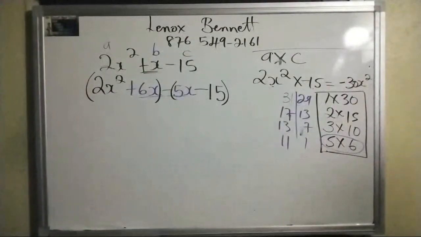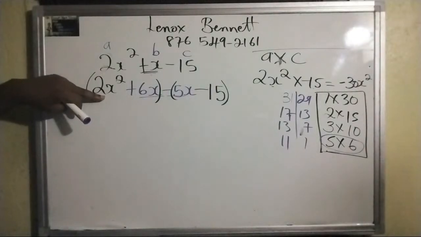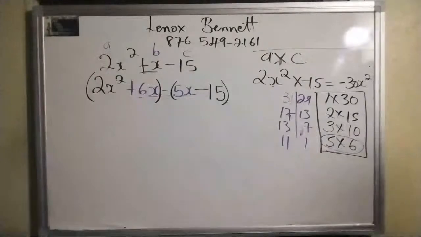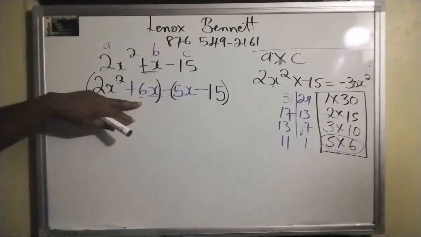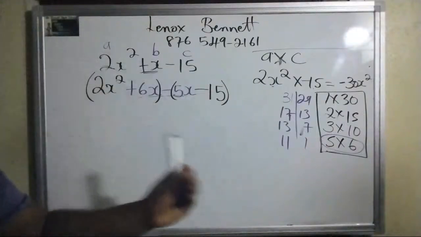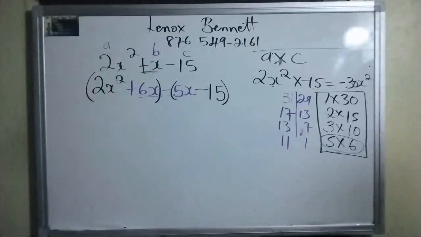Which is the highest number that can go into 2 and 6 without a remainder? We know that 1 is a factor, but we must take the highest common factor. So what's the highest number that 2 and 6 can go into without a remainder? Check that out for me and tell me.